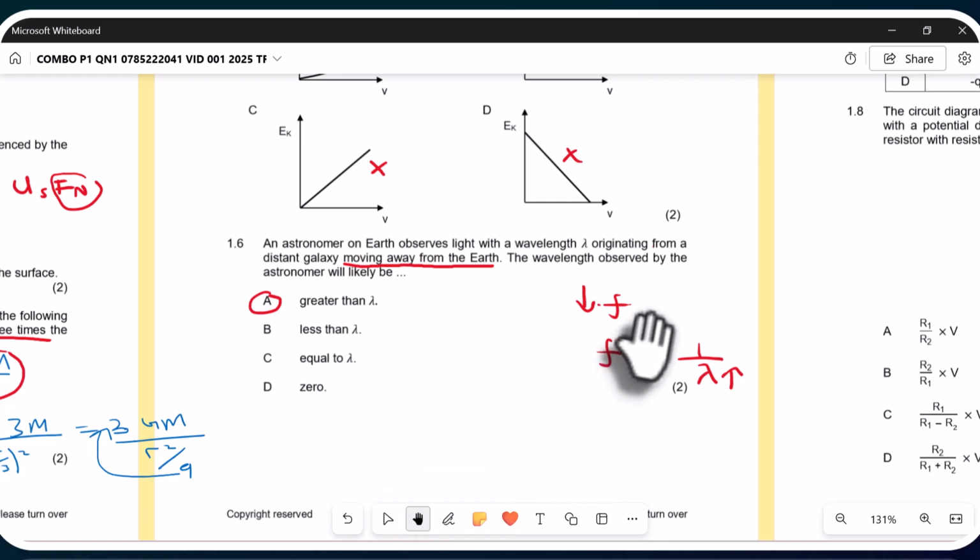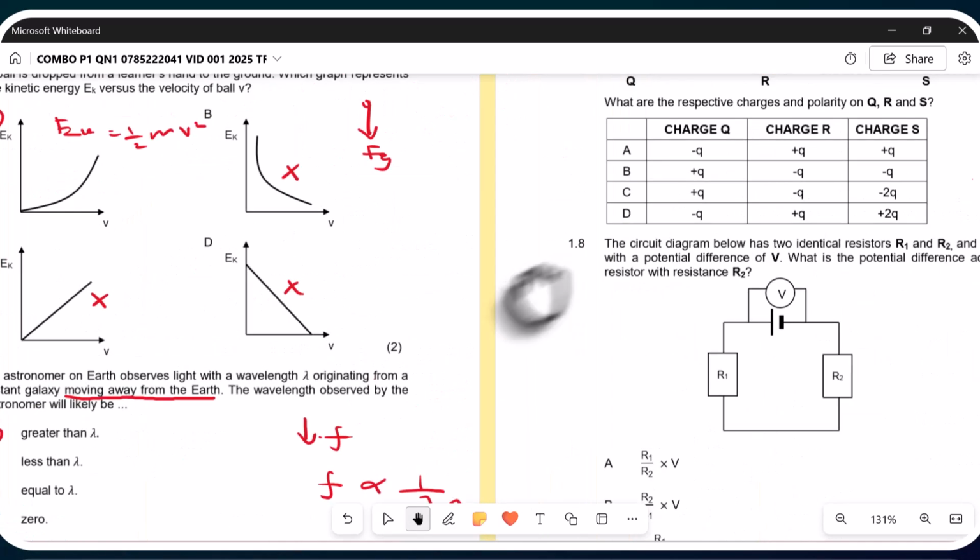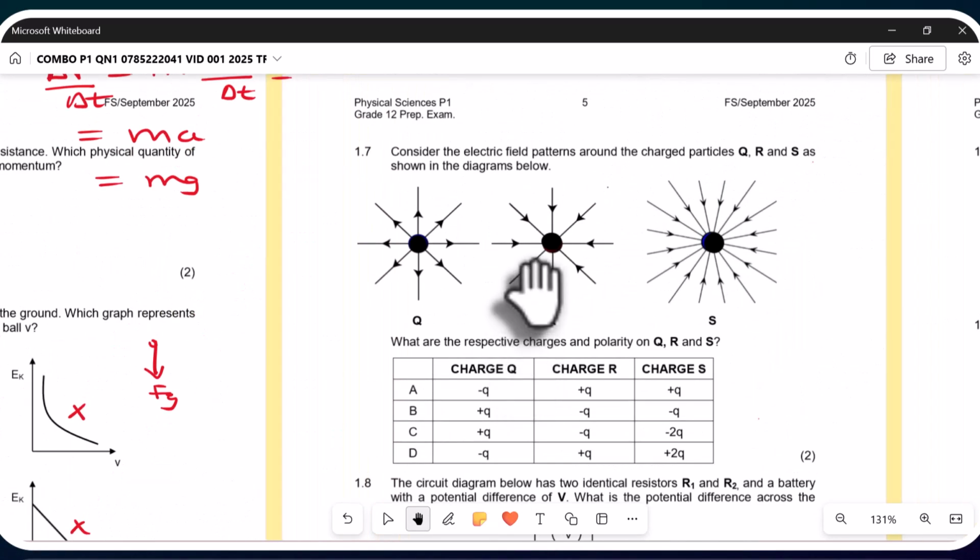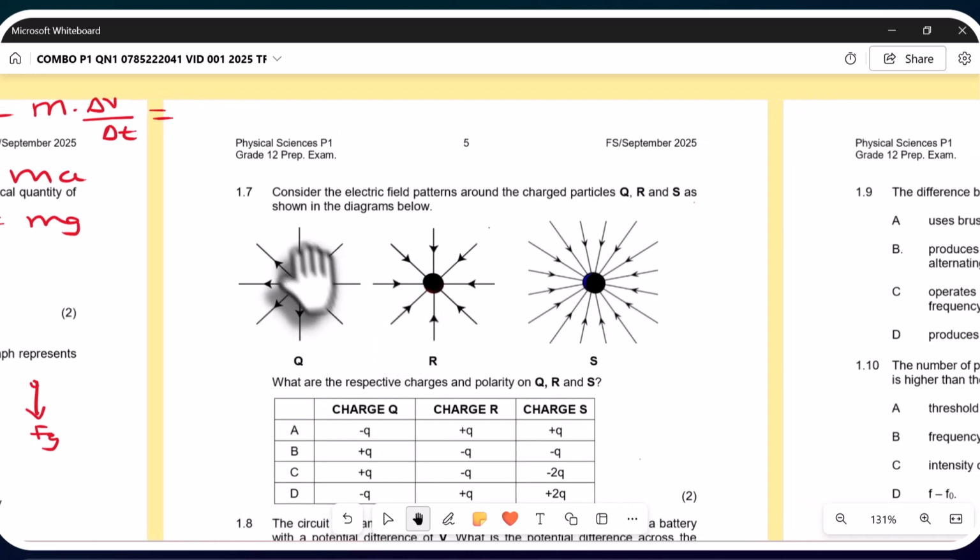Are we together? And again, if we bring a positive test charge and put it here, now because here the arrow is pointing inwards, it means it's being attracted, which means it must be negative, attracting the positive test charge. So this must be negative here. Then this one here, the same story.